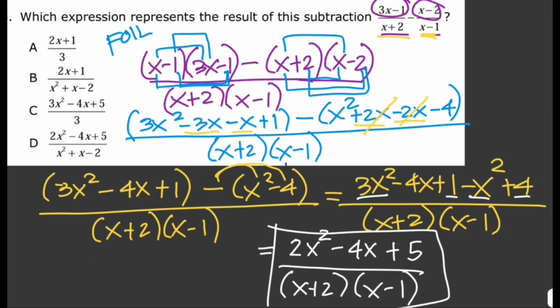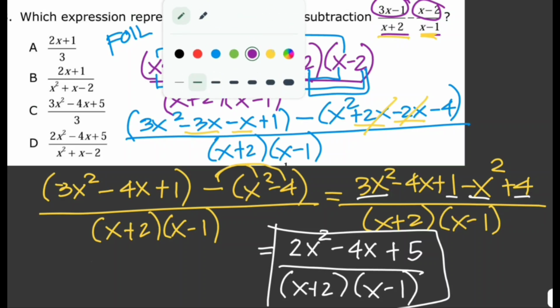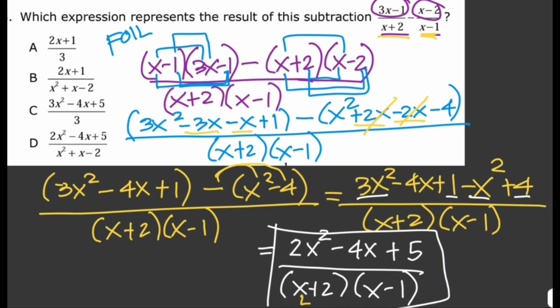So let's take a look at the options here. Okay, so the answer here doesn't have this form, so we need to expand the denominator. So x plus 2 times x minus 1, we FOIL that. This would be x squared plus 2x minus x minus 2.